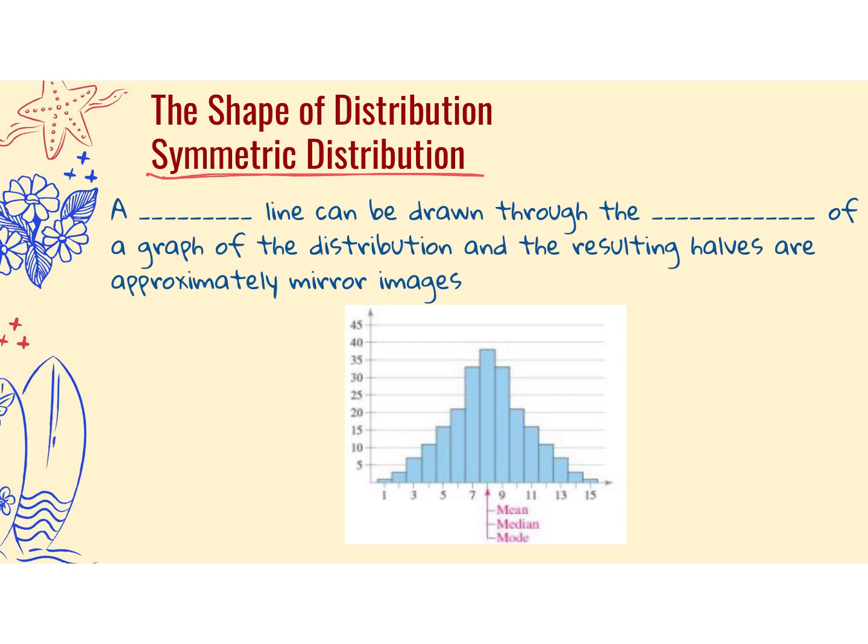So in a symmetric distribution, a vertical line can be drawn through the middle of the graph of the distribution, and the resulting halves are approximately mirror images. So you can draw a line down that middle, and it looks the same on both sides. You also notice that the mean, median, and mode are all in the same place in a symmetric distribution.